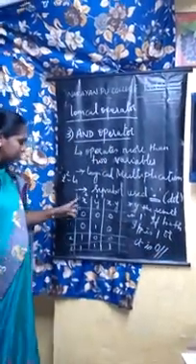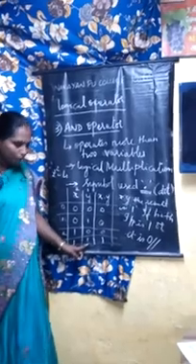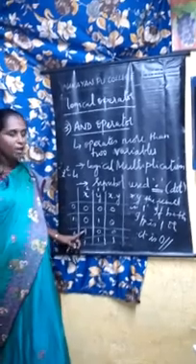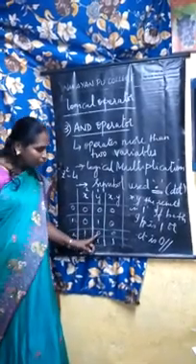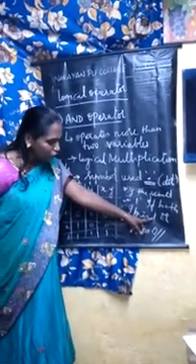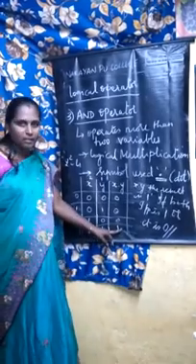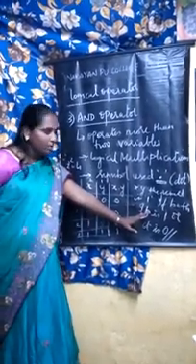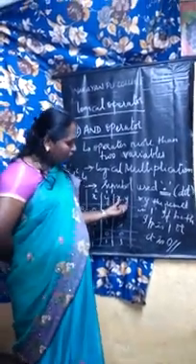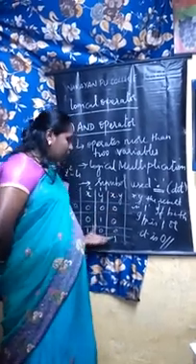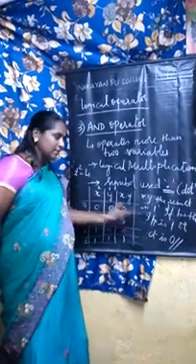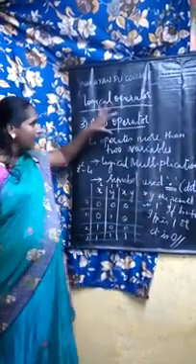If any one input is 0, the result will be 0. If one input is 1 and the other input is 0, the result will be 0. You get the result 1 only if both inputs are 1. That is the condition in the AND operator. If both inputs are 0, the result is 0. If any one input is 0, the result will be 0. So this is the AND operator.